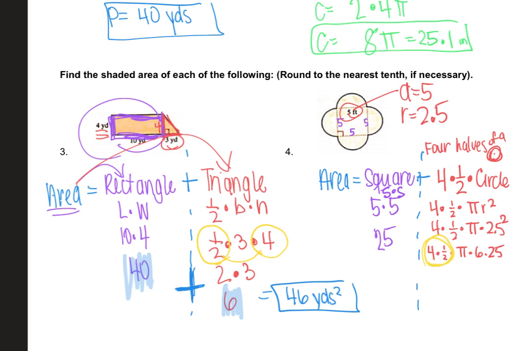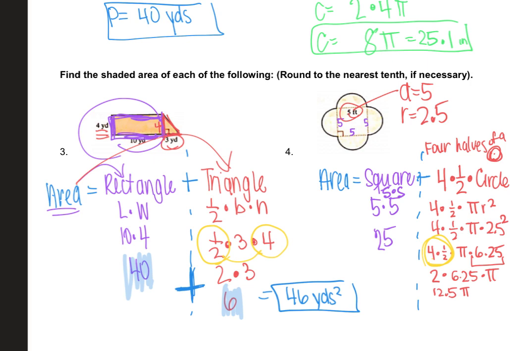Half of 4 is 2 times 6.25, and then times the pi. I'm going to throw the pi to the end. So I do 2 times 6.25, and I get 12.5. I don't want to round at the end. Notice I left the 6.25 alone. I did not round it. You do not round until the end. And I get 12.5 pi.